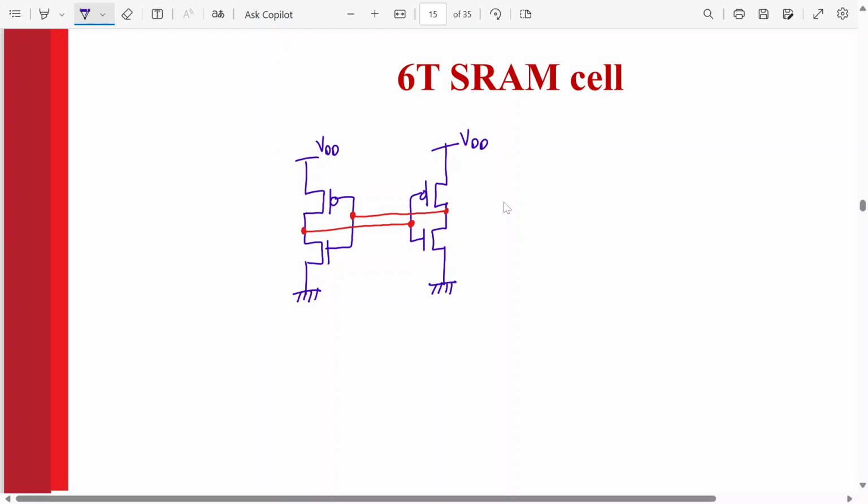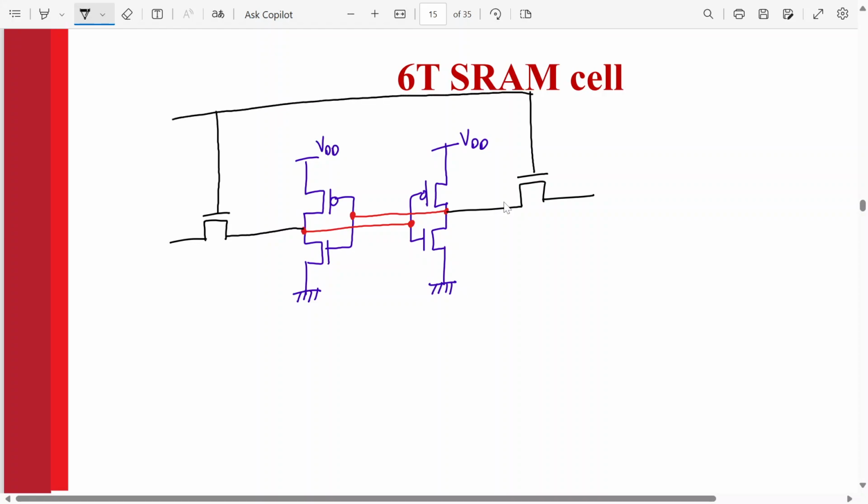Now next we go for access transistors. So we have one access transistor over here. The access transistor is controlled by the word line. That means its gate terminal is connected to a word line, WL.